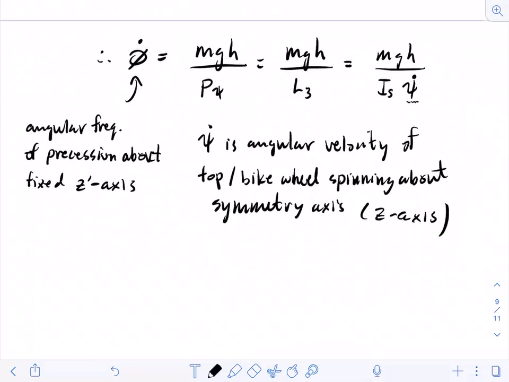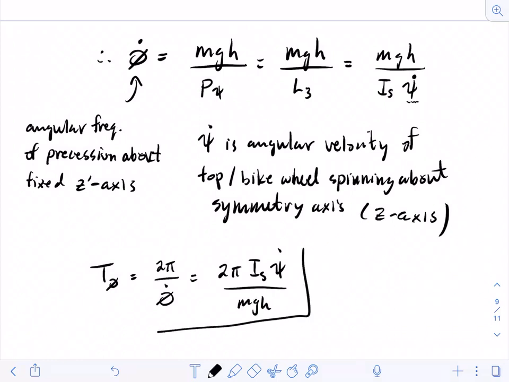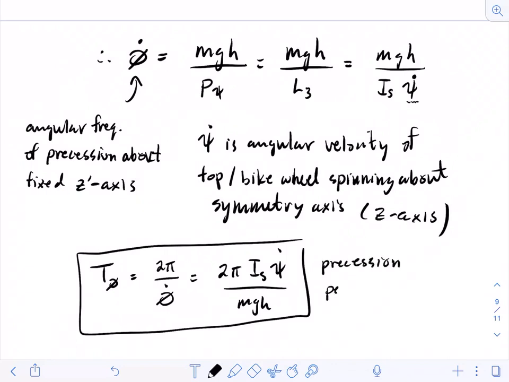Just as one last detail, the period of precession would be 2 pi divided by phi dot, which would be 2 pi times I psi dot divided by mgh. And so this is the precession period. Okay, good.